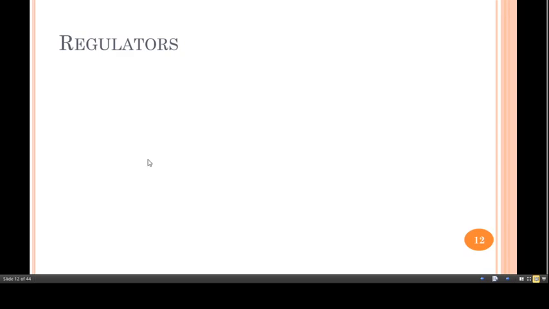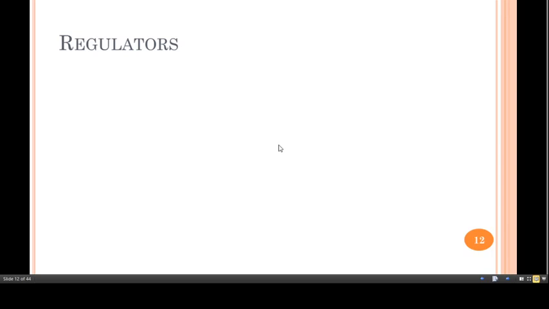Now we have to study Zener as a voltage regulator, and for that first of all we'll see what we mean by regulator. Now can you tell me what do you mean by regulator or voltage regulator? If you know the block diagram of power supply, voltage regulator is the last block in the DC regulated power supply.